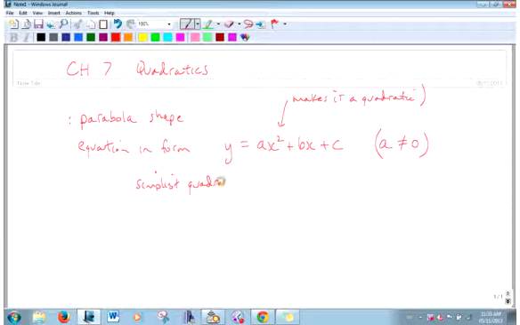The simplest possible quadratic is when b is 0 and c is 0. If we let a be 1, then we have y is x squared. That's the simplest quadratic you can have. What makes it a parabola shape? That power of 2.